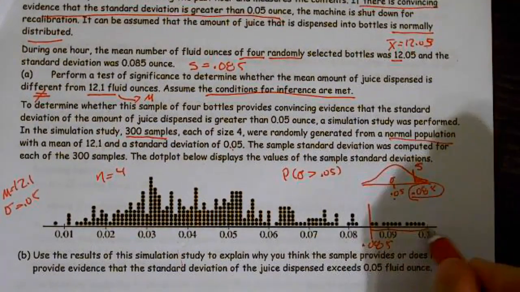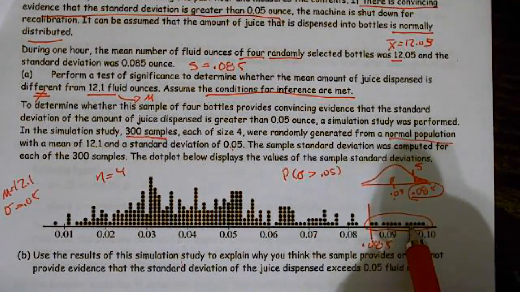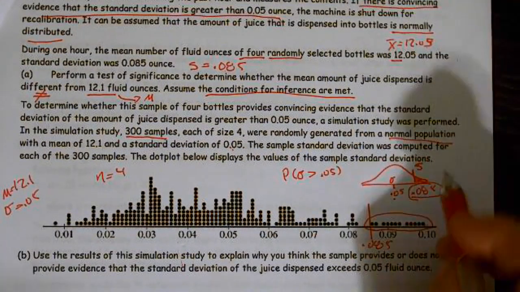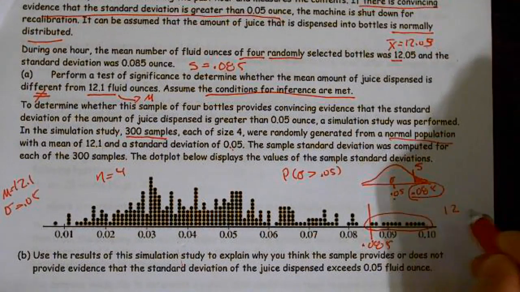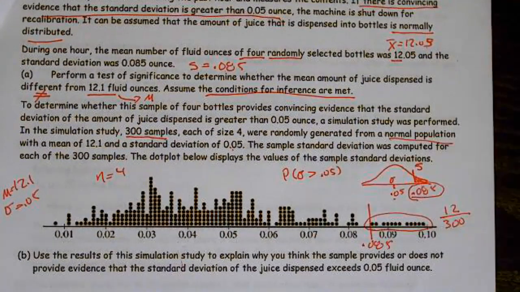And I should be drawing this on my graph. And I circle that and I go, okay, 1, 2, 3, 4, 5, 6, 7, 8, 9, 10, 11, 12. So 12 out of, how many were there? So 12 samples out of 300 had that type of variation.